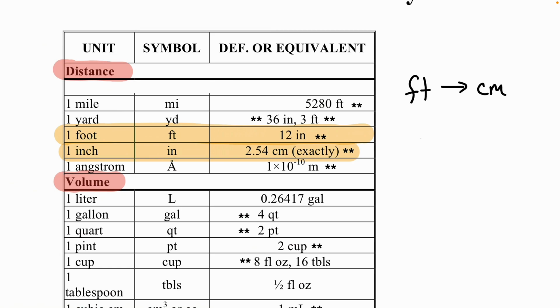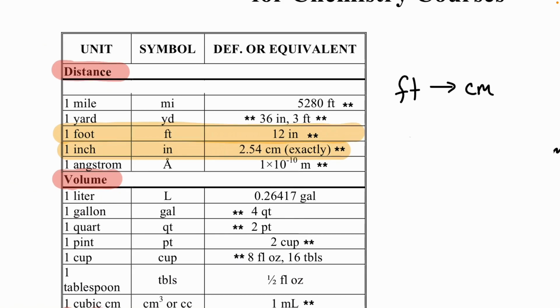Same as before, now I've got to grab 2 of these relationships from my table. This is my little path where first I'm going to start off with feet, then I'm going to jump into inches, and once I'm in inches, I can jump into centimeters, okay? So take a second and see if you can finish off this problem.